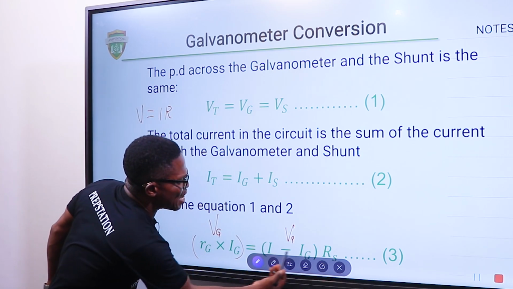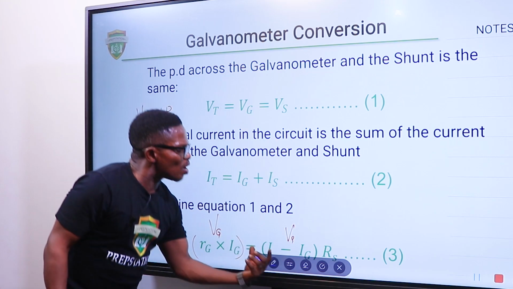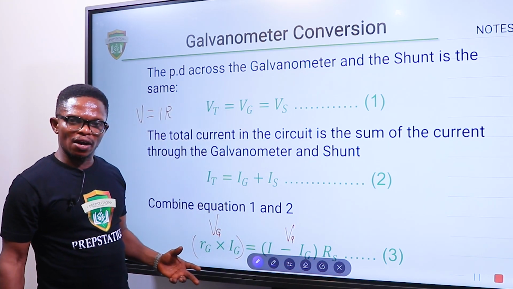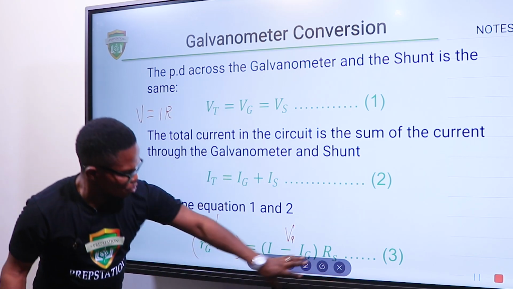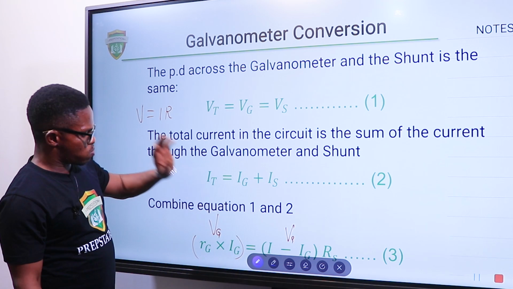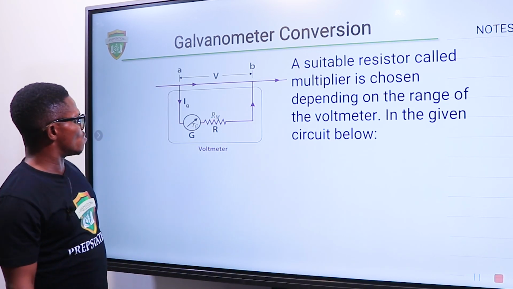But it's not going to be I, because part of I has been given to IG. So what is left for the shunt is I minus IG. Does that make sense now? So this is the formula used in doing any calculation that relates to conversion of a galvanometer to an ammeter.